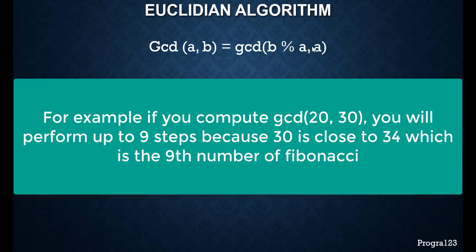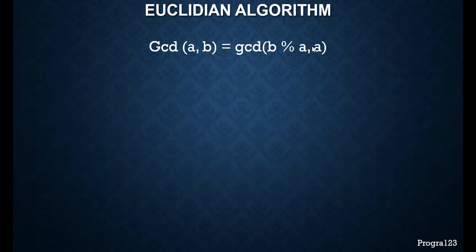It's actually an upper bound, but the number of steps that you make in Fibonacci sequence is the upper bound for the greatest common divisor. Actually, the worst case of greatest common divisor is gonna be two consecutive Fibonacci numbers. In that case, you will perform n steps, being n the index of the number of Fibonacci in the Fibonacci sequence.